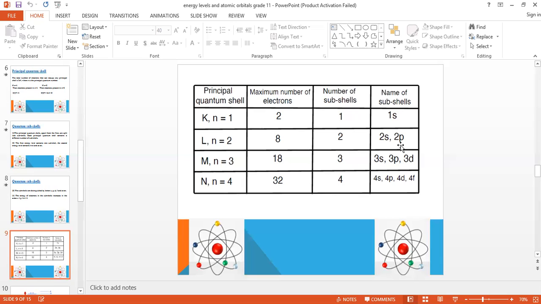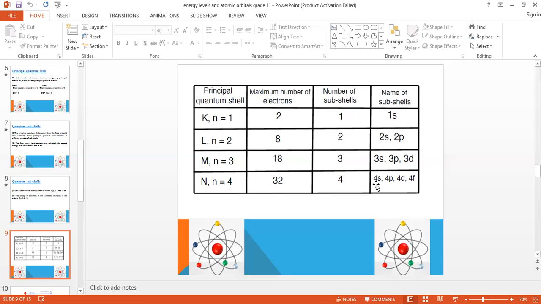Now, which will come first? 1s. Just focus here. This is our order. Which one comes first? 1s. Then 2s. Then 2p. Then 3s, 3p, 3d, 4s. Maximum electronic configuration will finish till 4s. But 4p we need to study because in our objective, I told you I will explain later. 4s and 4p.